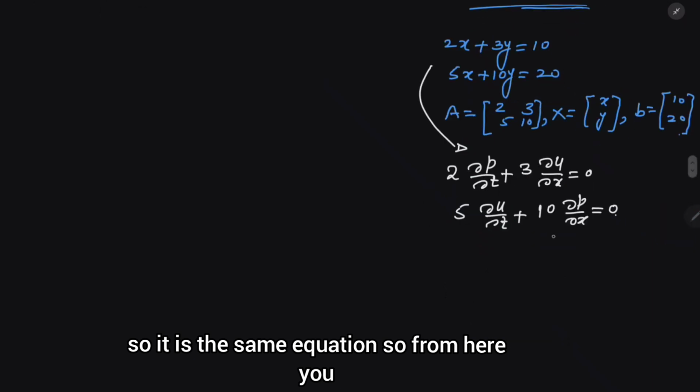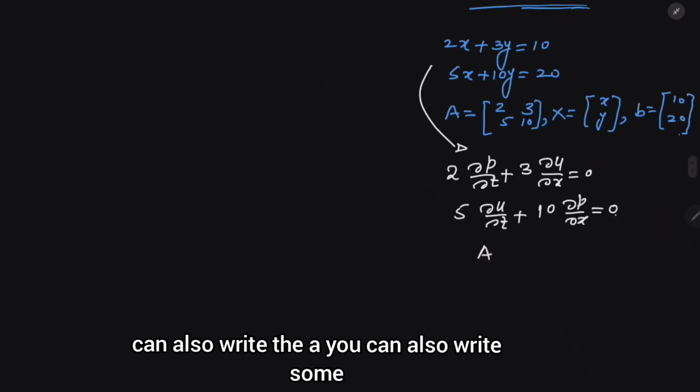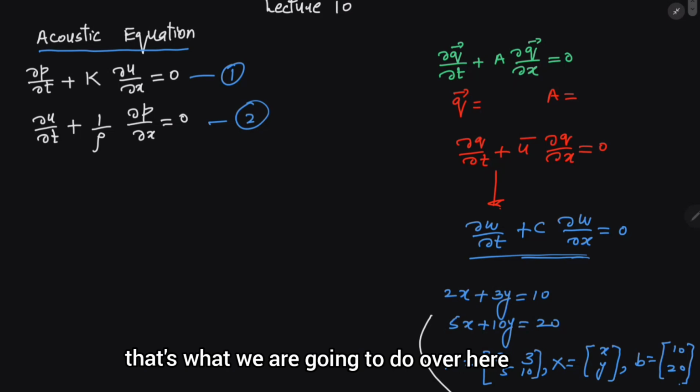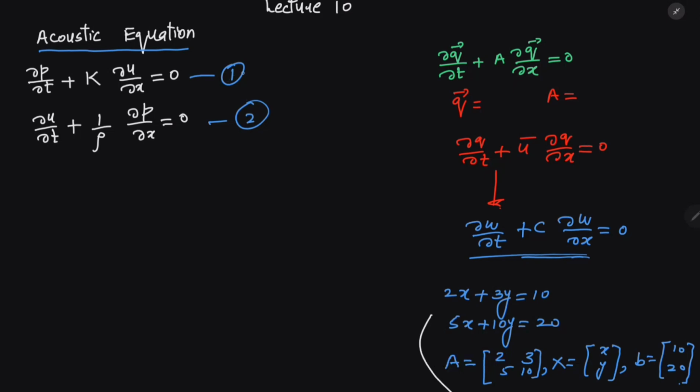So from here you can also write the A, you can also write some other unknown, and so on. That's what we are going to do over here in equations 1 and 2.